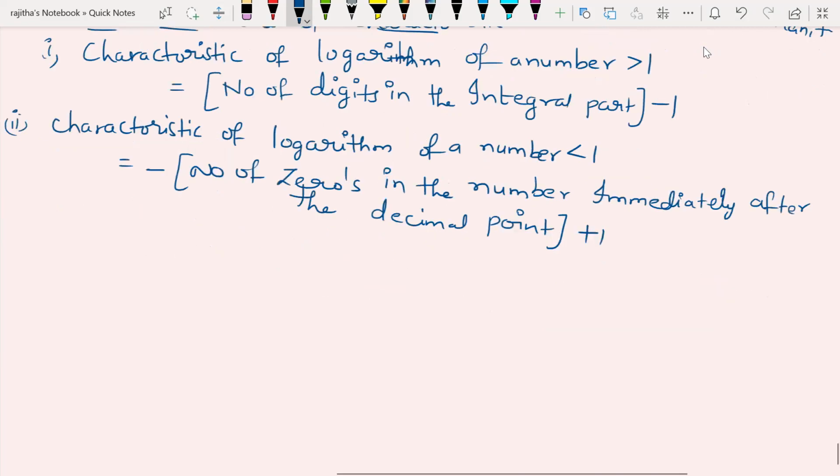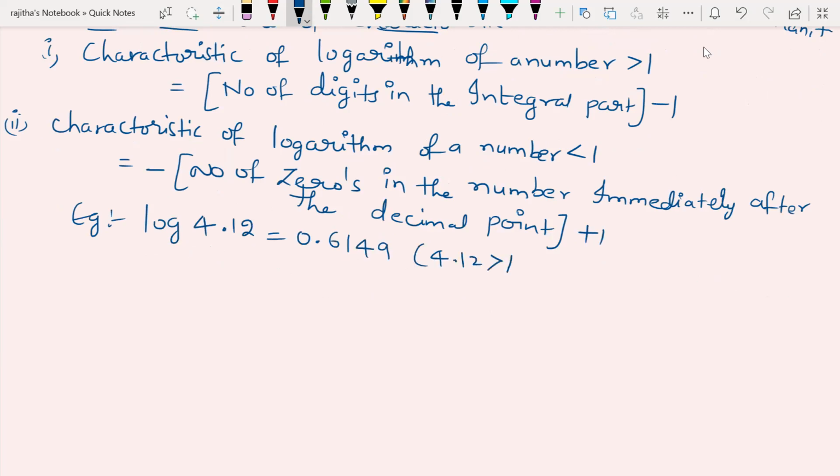For example, let us observe logarithm of 4.12. That is equal to 0.6149. Here 4.12 is greater than 1.